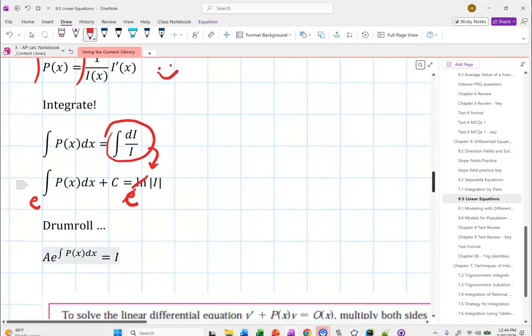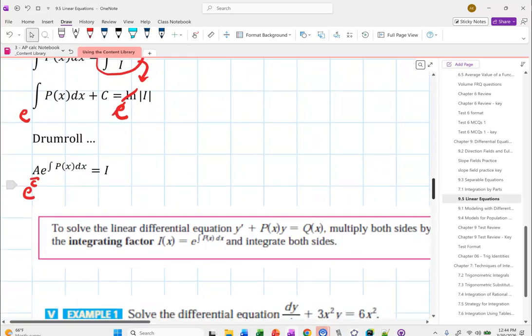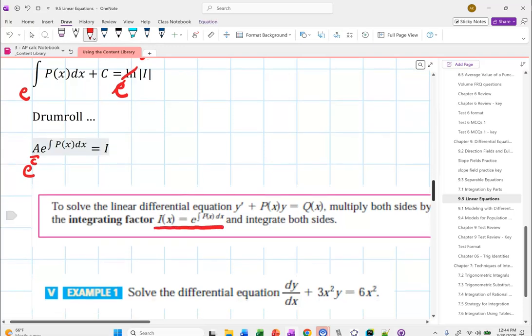And remember, if I have e to something plus c, that e to the c becomes my a. And there's my way to find that integrating factor I. So here's my formula: I of x is going to be e to the integral of p of x dx. That's how I'm going to choose my integrating factor. So that's going to be my first step each time. You ready to do some examples now?